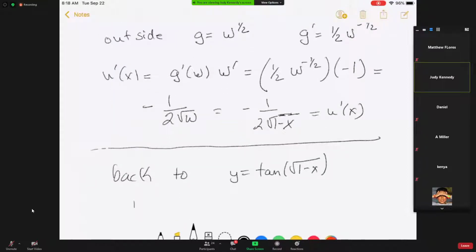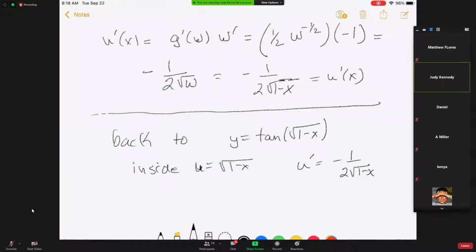We said our inside function was, we'll call it u, the square root of 1 minus x, and we just found that u prime is minus 1 over 2 times the square root of 1 minus x.